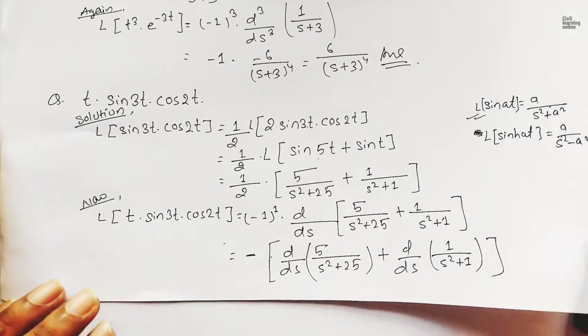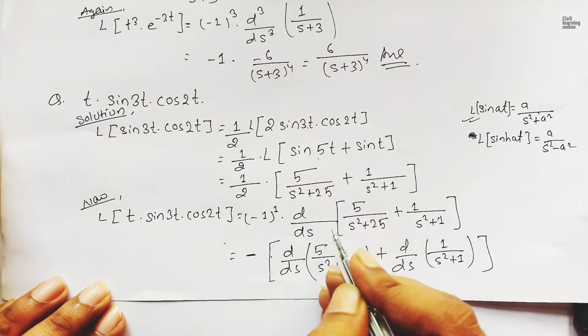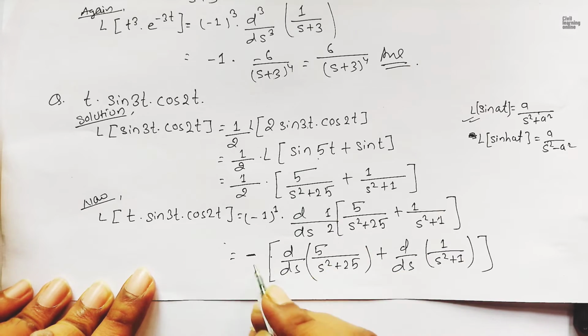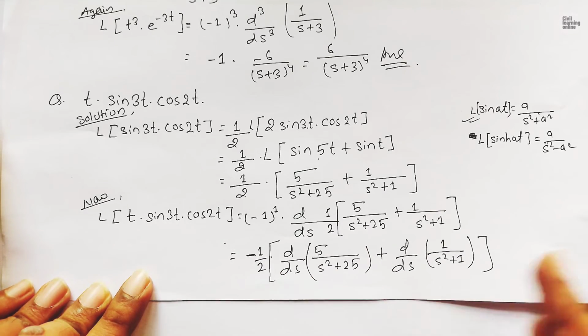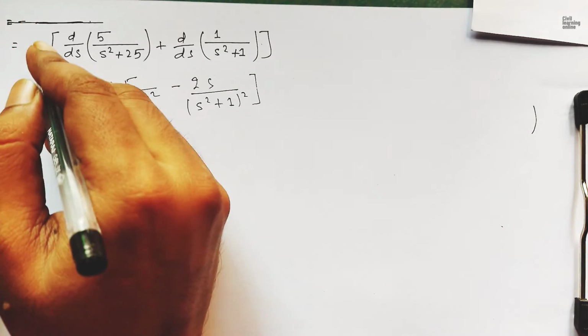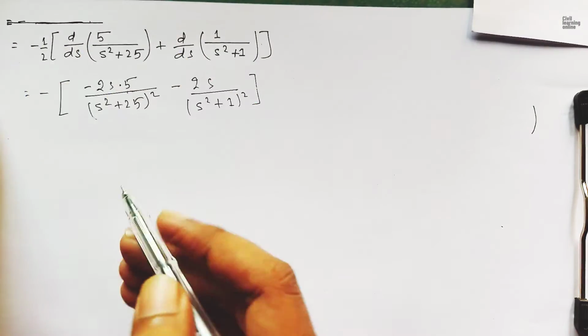and here we have this 1 upon 2 also, so I am going to bring it here, 1 upon 2, so we will have here 1 upon 2 and 2s.